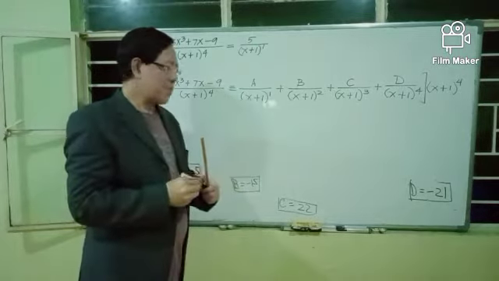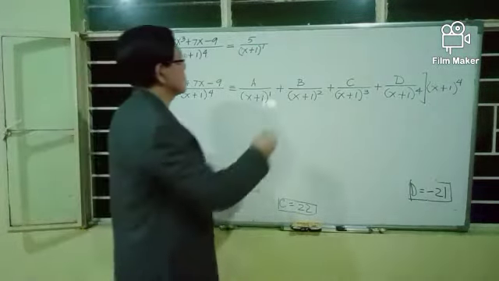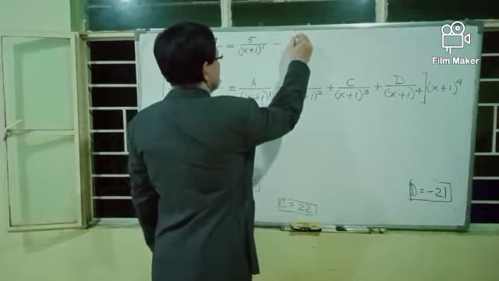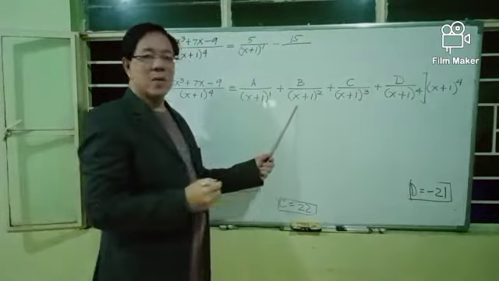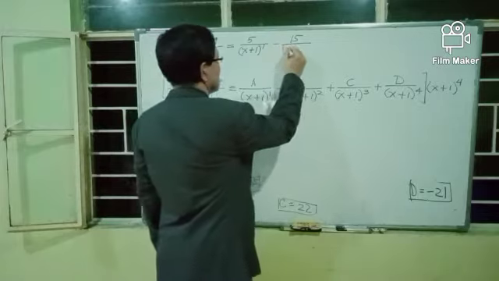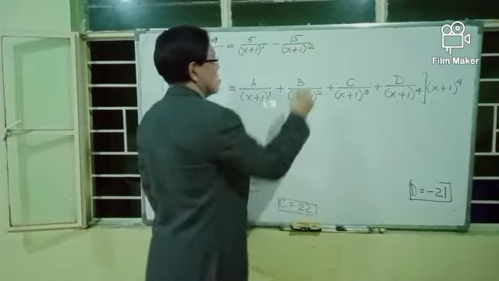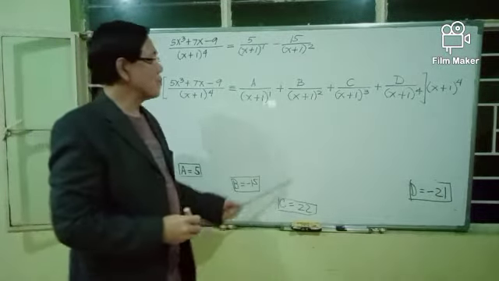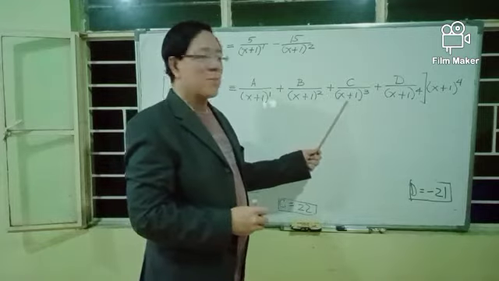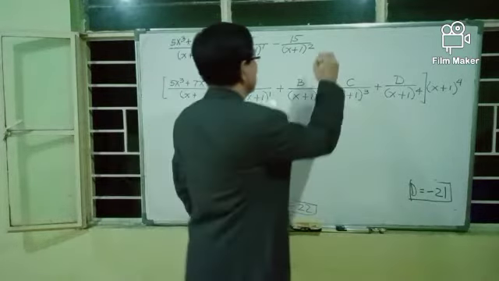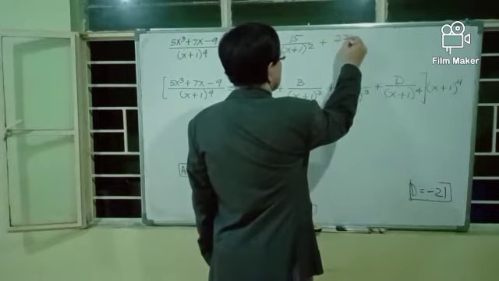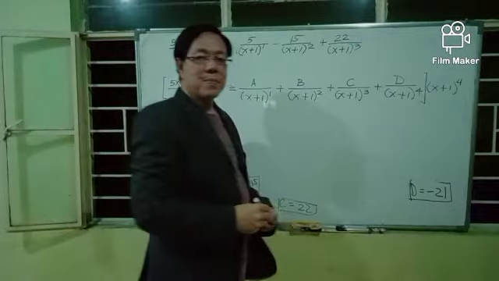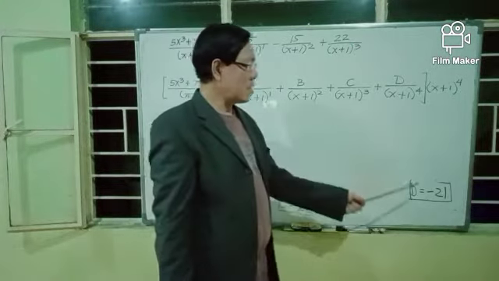Plus b, the value of b is negative 15. And multiplied by positive, that's negative 15 over x plus 1 raised to 2. Plus c, the value of c is positive 22. So plus 22 over x plus 1 to the power 3. And the last term is plus d, but d is negative 21.